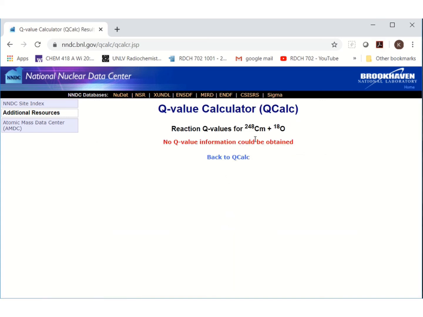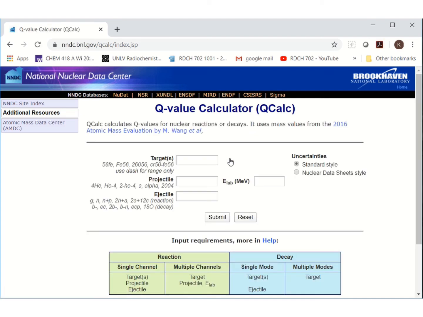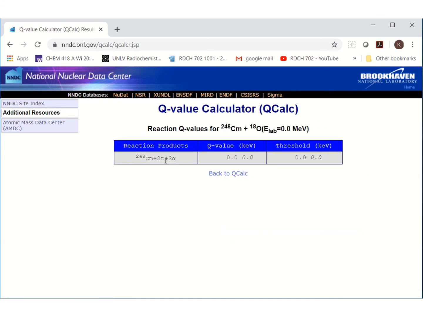Now, no Q value information could be obtained. So sometimes you can hit reactions that aren't necessarily within the database. If I just submitted this, I would have no Q value and no threshold.